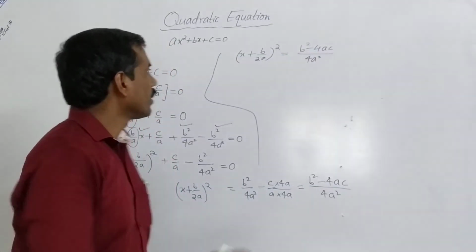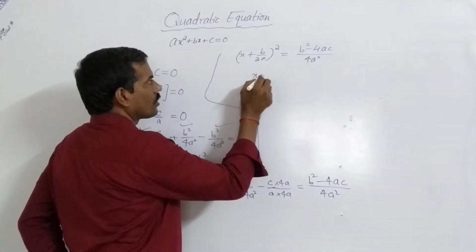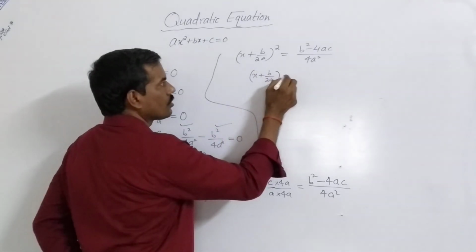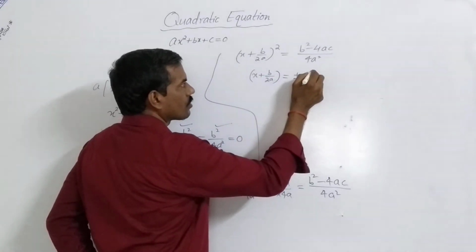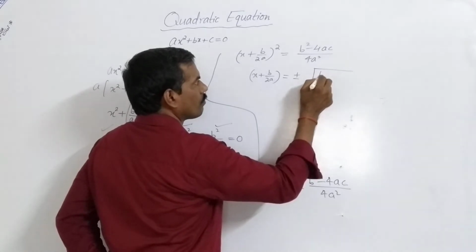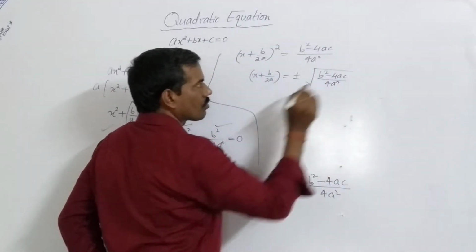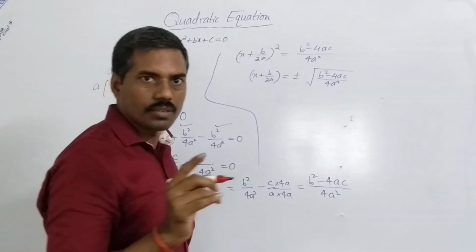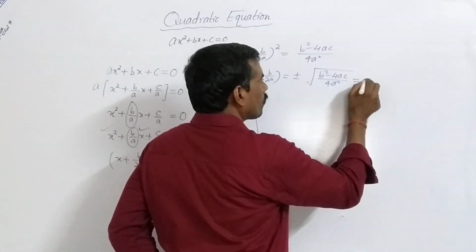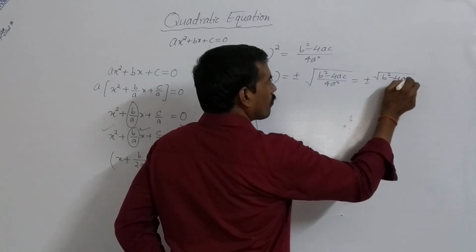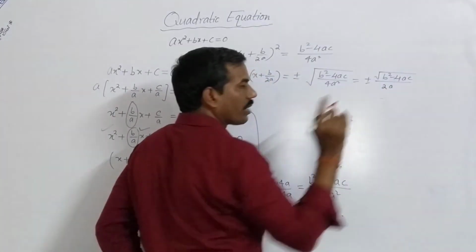Okay, take the square root. x plus b upon 2a is equal to plus minus under root of b square minus 4ac upon 4a square. Okay, this is equal to plus minus under root of b square minus 4ac upon 2a.